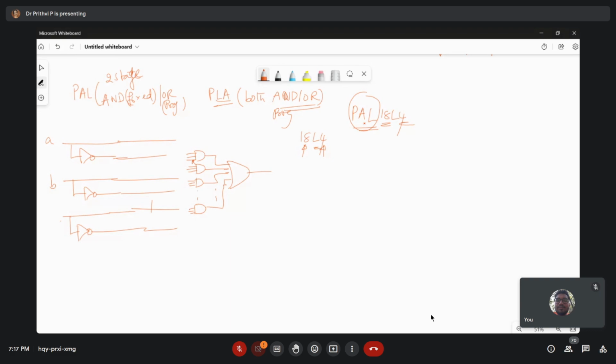So many types of PALs are available in the market. 16R8 PAL is there, say. 16R8 means it is having registers. That means there will be D flip-flops in your design. That means they are 8 D flip-flops and 16 pins.